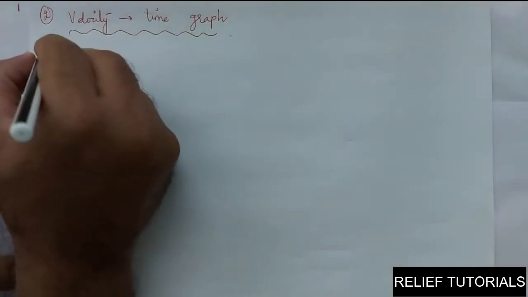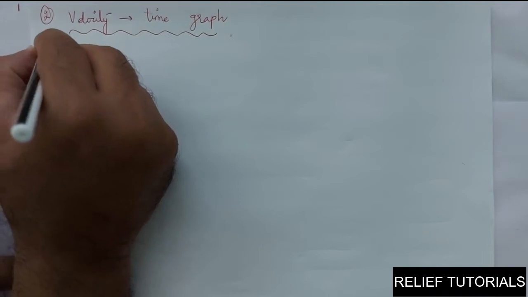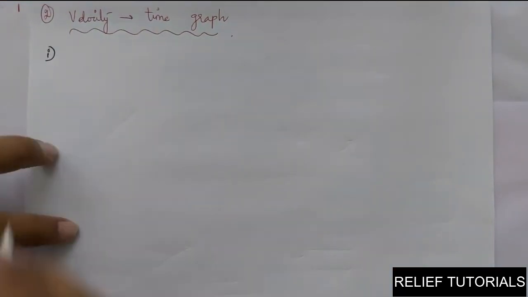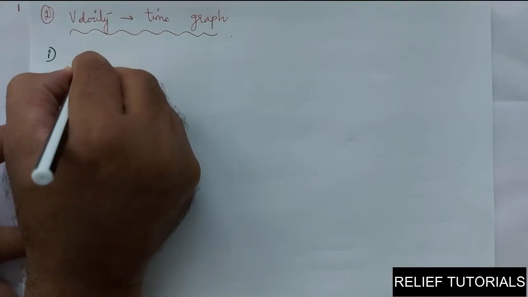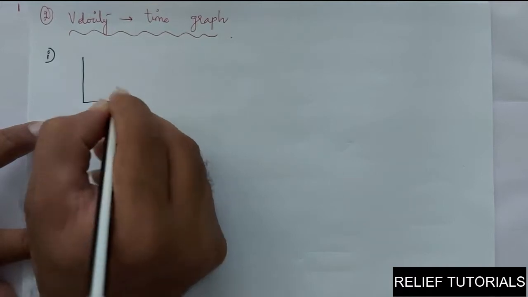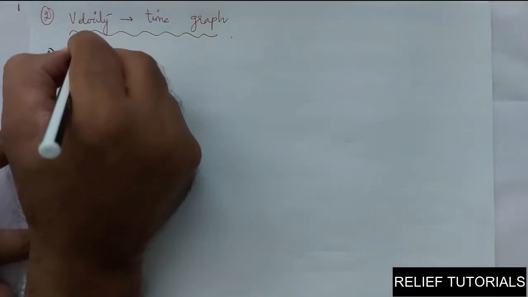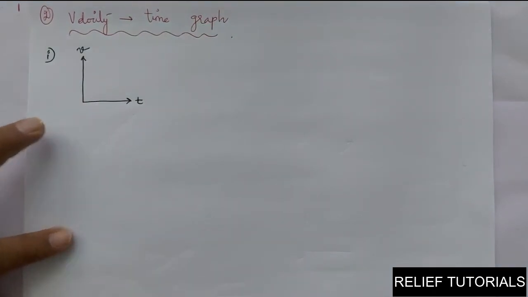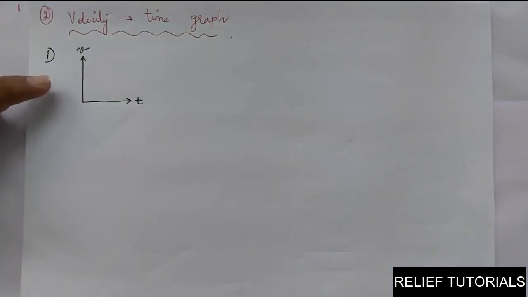Now it will be somewhat easy to remember everything. Consider for one of the particles the graph of velocity versus time. This is v and this is t. Now remember, on the y-axis we are having velocity. Now let us compare.